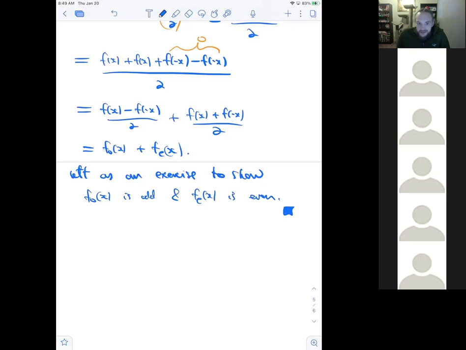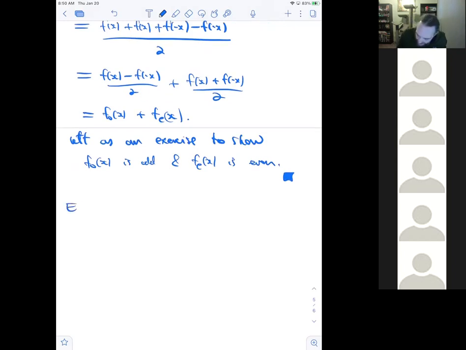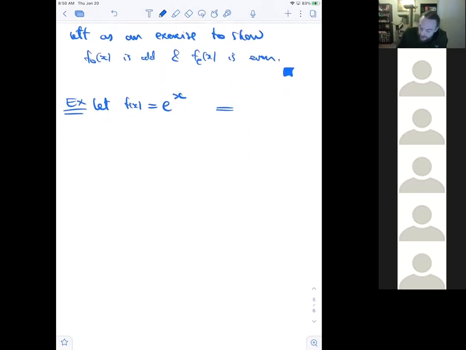So why are we doing this? What's the big deal here? Well, example. Let f of x be e to the x. Then f_o of x is 1/2 e to the x minus e to the negative x.